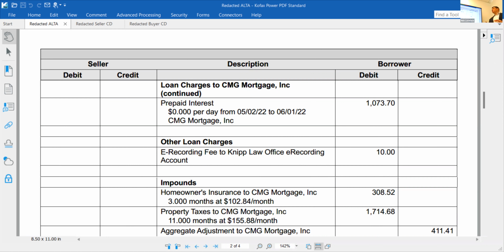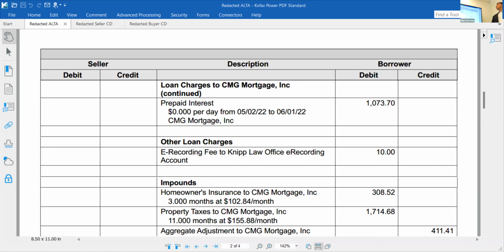So they're covering the interest for the month that they're currently in the home, because they're not going to make a principal payment until July to cover both the principal and interest from June. But they only have to pay interest. So that's that free month that people talk about. So in this case, they're in good shape because they've paid interest from May 2nd to June 1st. So that means that their first loan payment's not going to be until July 1st, which is nice.